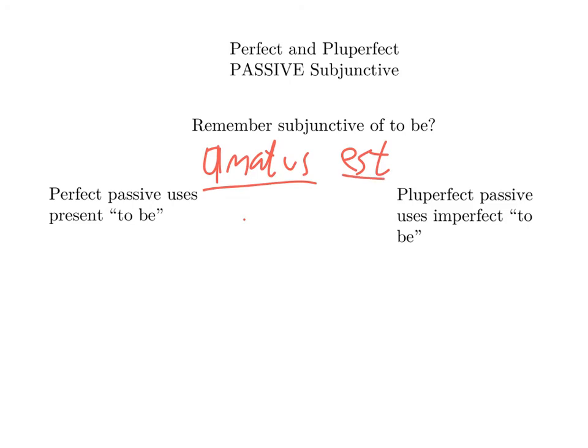It's no different in the subjunctive, and that's kind of cool because you don't have to memorize a new process, but if you remember from a couple slides ago, you had new forms of to be. So let's come back over here. Perfect passive uses the present of to be. So what we're going to do is we're going to use amo, amare. We'll use our principal parts here.